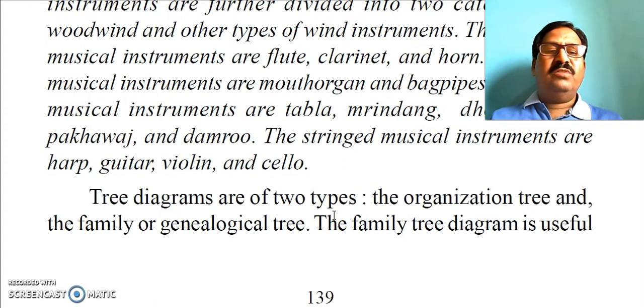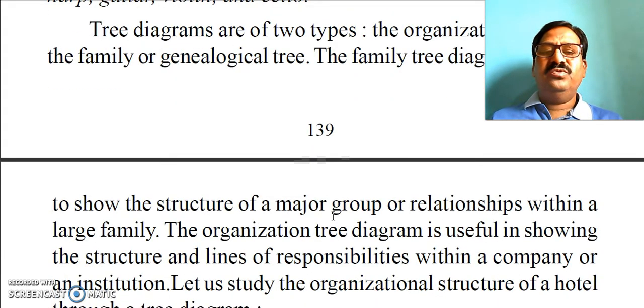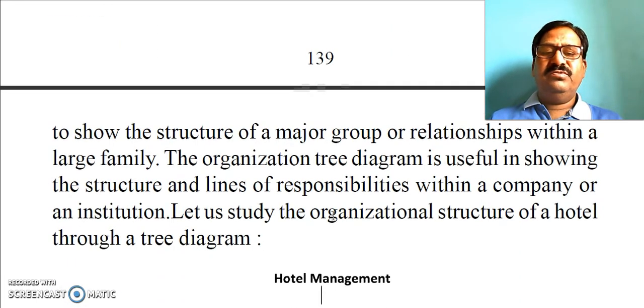Tree diagrams are of two types. The first is the organization tree and the second is the family or genealogical tree. Both tree diagrams are very useful to present the hierarchical relationships in the organization or family. The organization tree diagram is useful to show the structure and the classification of the personnel as far as their responsibilities in the company or the institution are concerned.